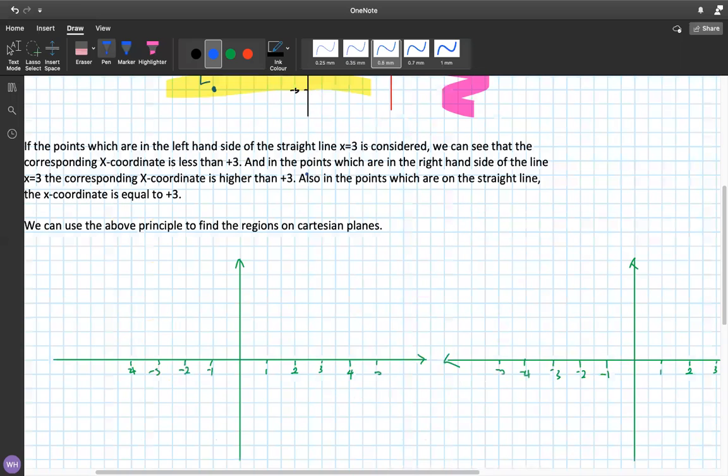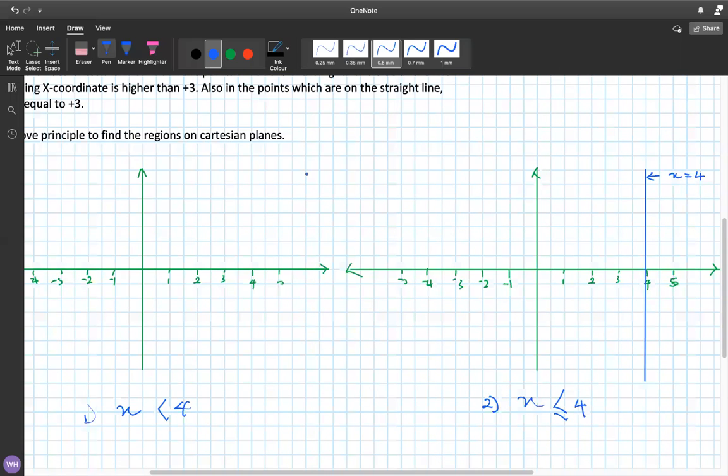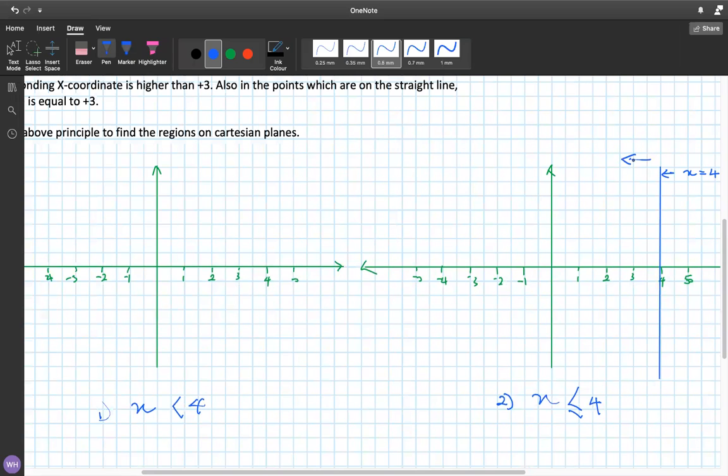So similarly, if you look at this one, what can you say about this? In this side you should have the regions. If you consider any point here, the coordinate of x is 1. If you consider any point right here, anywhere, you can see that the coordinate of x is less than the value 4. Therefore, if you want to indicate this region, you have to color this side, like this.